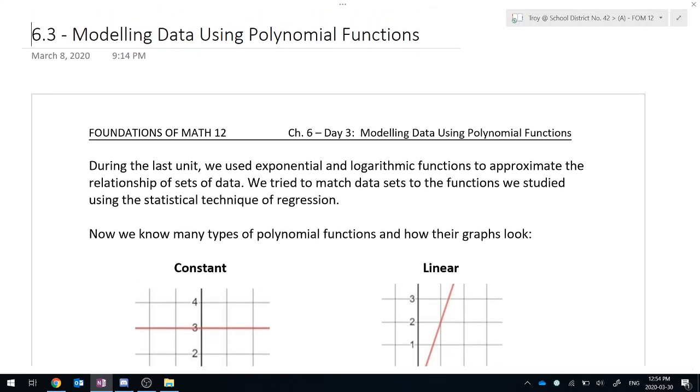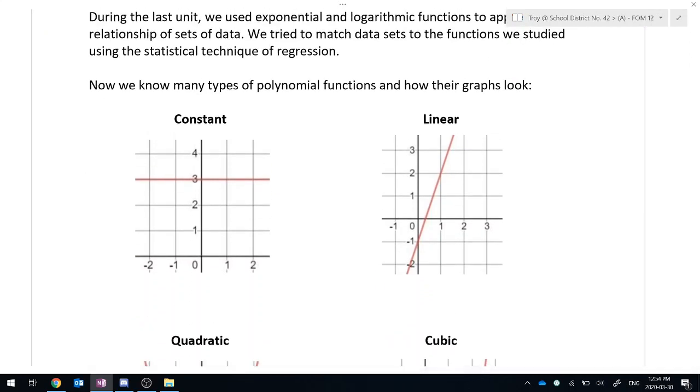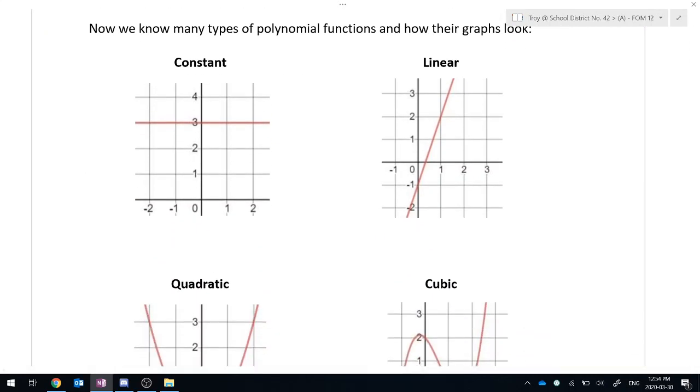So 6.3 is all about modeling data using the polynomial functions that we took a look at. If you'll remember, we spent a little bit of time in the previous lessons of this unit first talking about constant graphs that are horizontal, linear graphs.